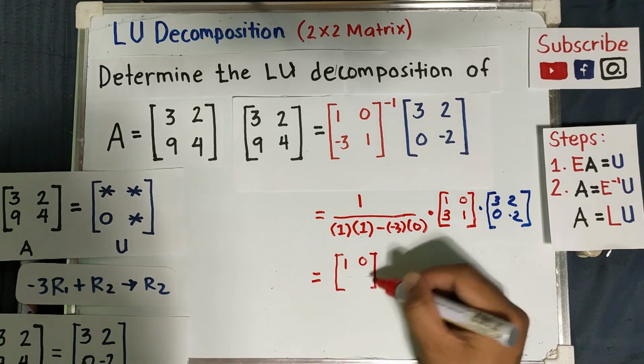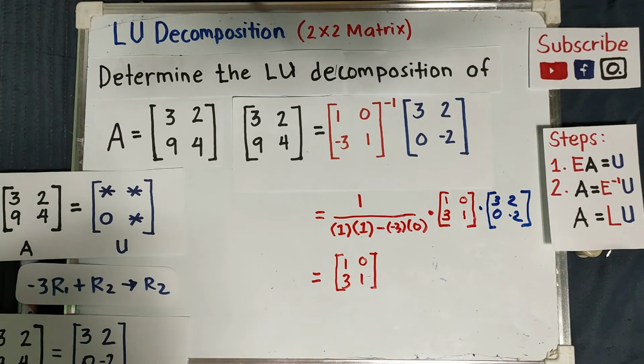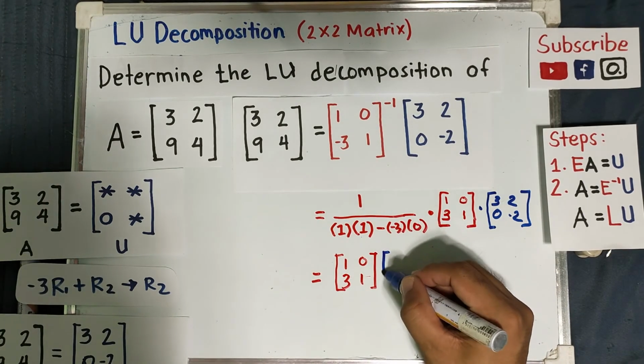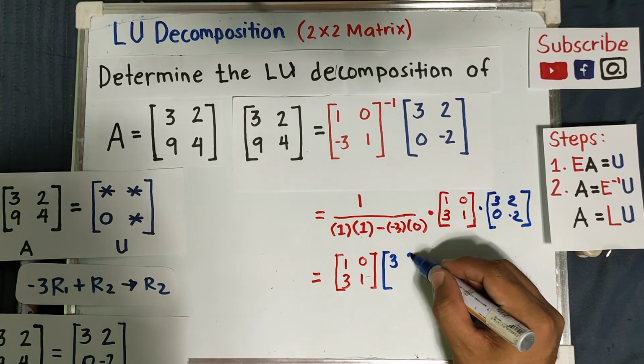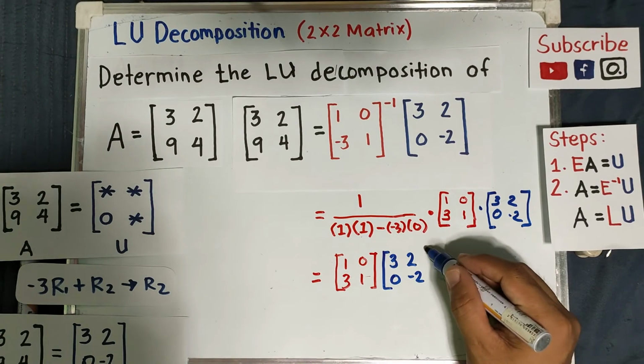Okay, [1 0; 3 1], and let us write the upper triangular matrix, [3 2; 0 -2].